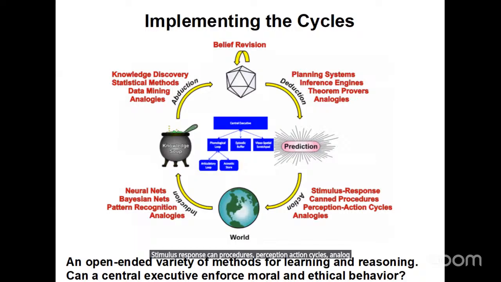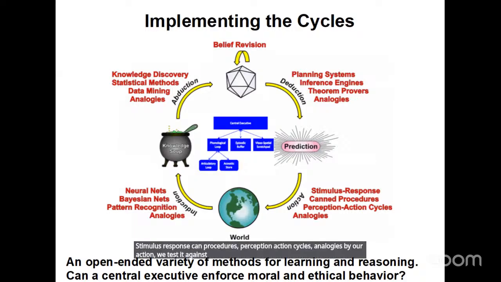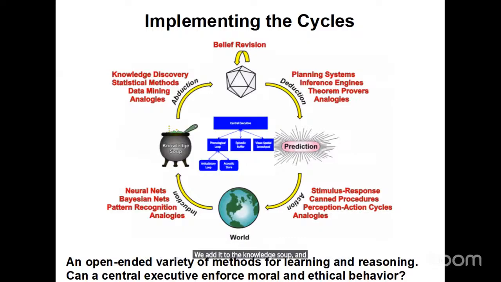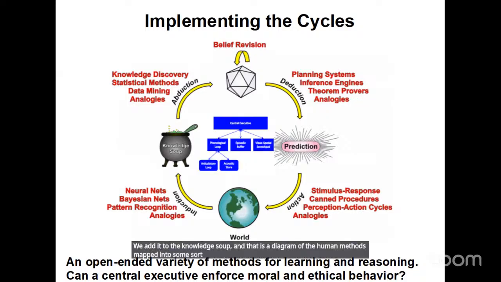By our action, we test it against the world, and then by induction, which can be by neural nets, Bayesian nets, pattern recognition, analogies, whatever, we add it to the knowledge soup. And that is a diagram of the human methods mapped into some sort of computable form.